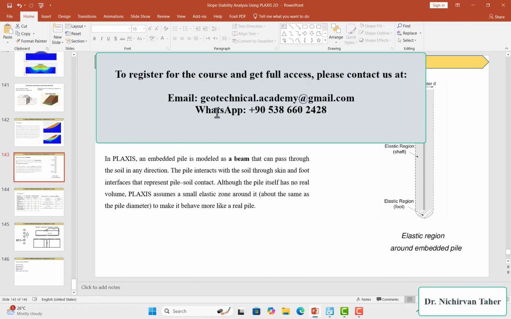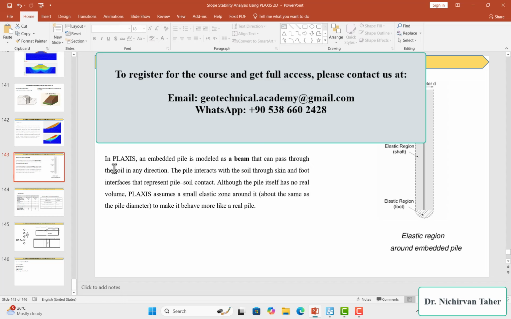So how can we model these anti-slide piles in PLAXIS 2D? There is a feature which is called embedded beam in PLAXIS 2D, and these anti-slide piles or even normal piles can be modeled using this embedded beam, which allows the simulation of the pile and also considering the pile soil structure interaction through axial, bending and shear behavior.